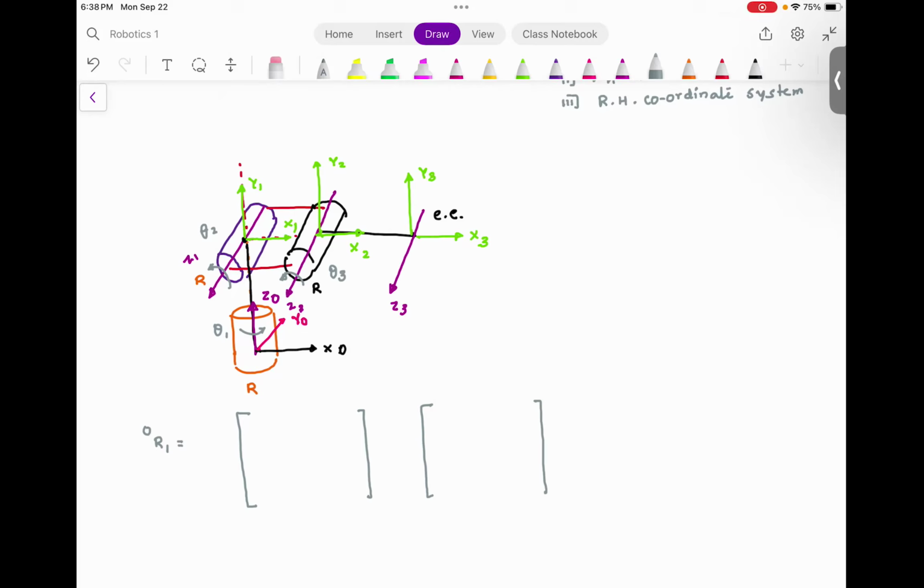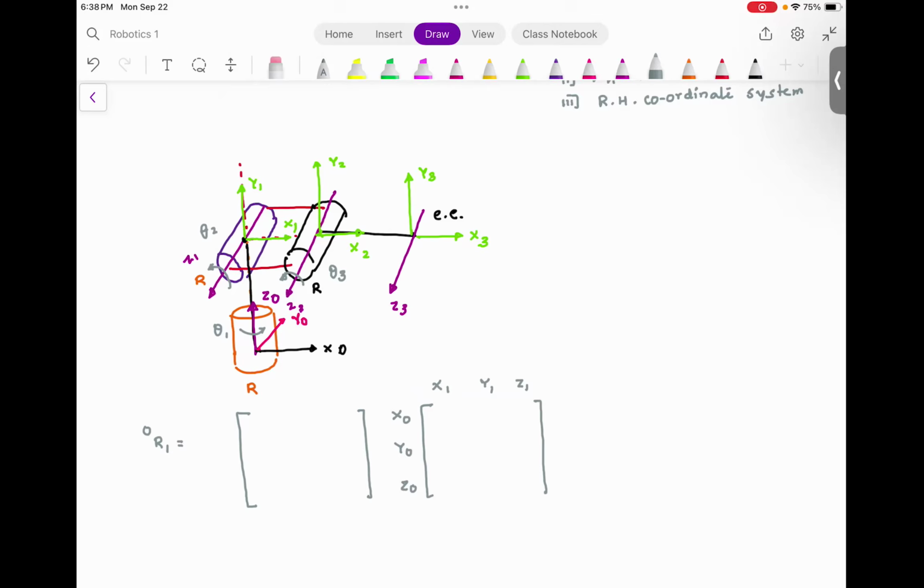And the projection matrix will always be the projection of x1, y1, z1 on x0, y0, z0. So x1 is the next frame and x0 is the previous frame. So I want to find out the projection of x1 onto x0.